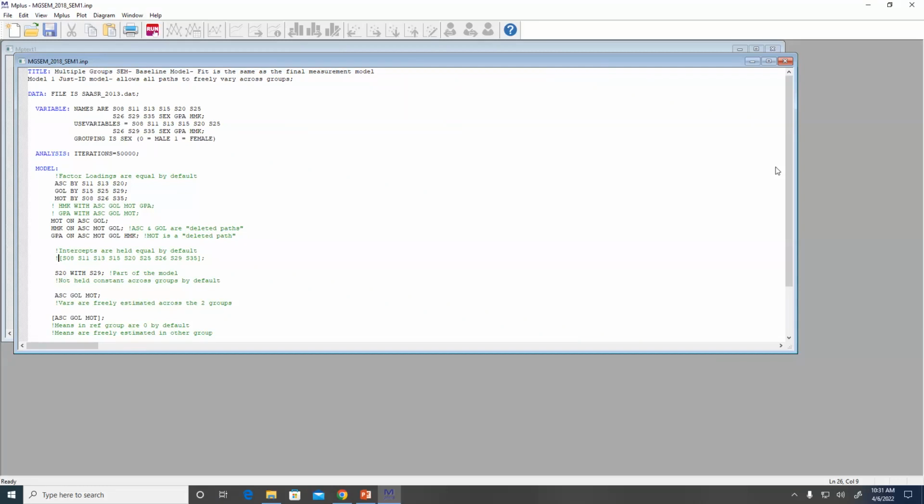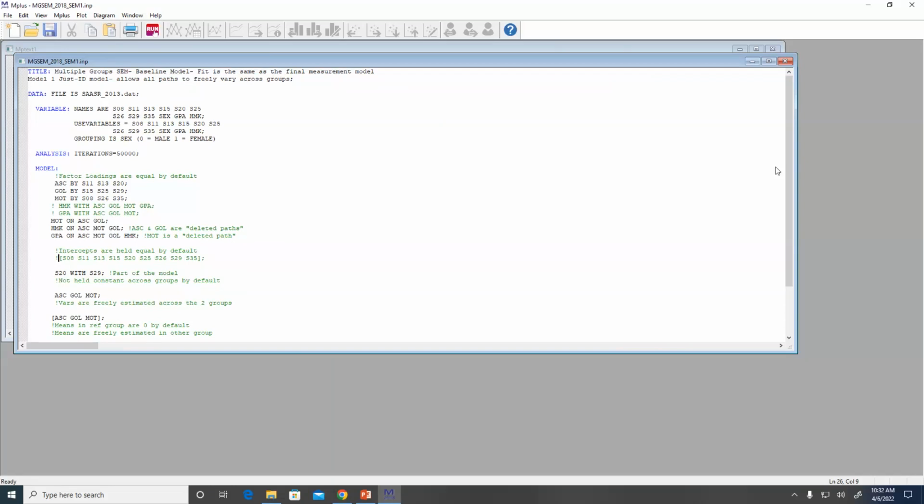So in this model, whether the omitted paths are constrained across group, I'm going to run a baseline again so that I can do my chi-square difference testing and have something to compare to.